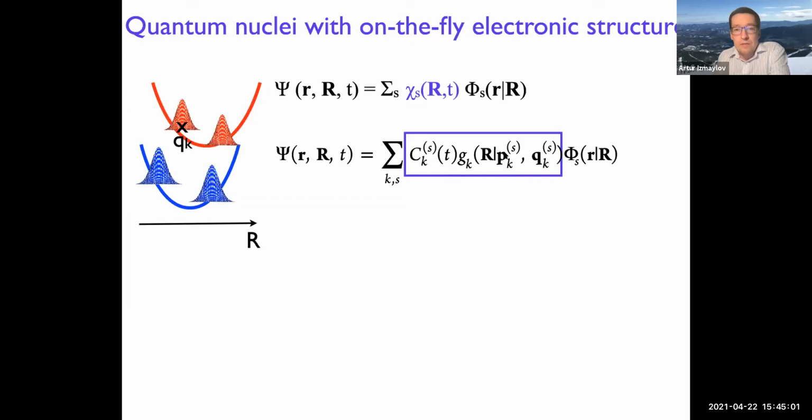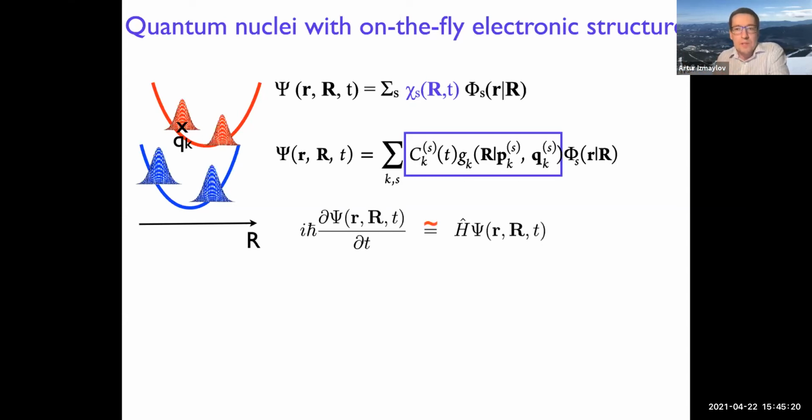And then we have position and momentum of each Gaussian as a classical variable that changes with time. And the Gaussians are moving, and you can describe essentially the nuclear dynamics as moving Gaussian dynamics.